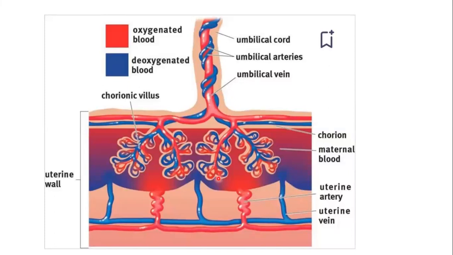Both the maternal and the fetal blood, there is no direct connection between them, but through diffusion, the umbilical vein takes up the oxygen and the nutrients from the placenta, which is supplied by the maternal uterine artery.